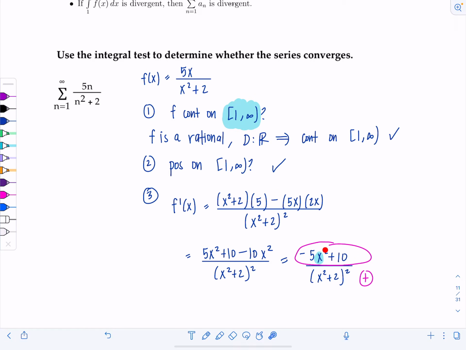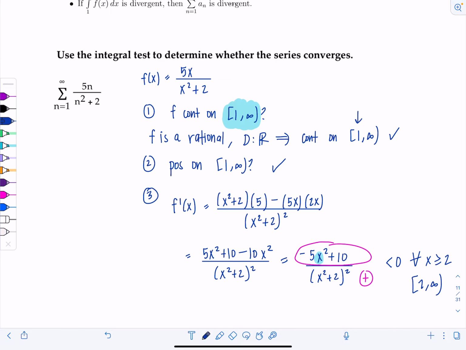What if I plug in 2 for x? That would make that 4 times negative 5, negative 20 plus 10. Now it's negative, and 3, 4, 5, etc. So the derivative is less than 0 for all x's that are greater than or equal to 2. Not 1 to infinity, 2 to infinity. And that's okay. That's good enough.